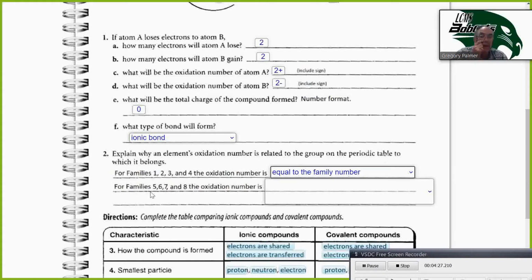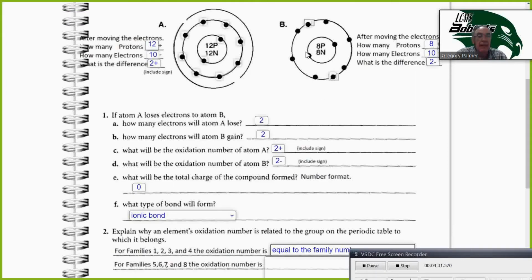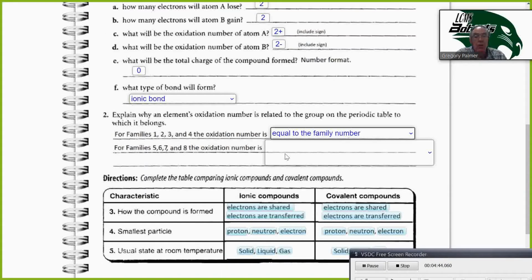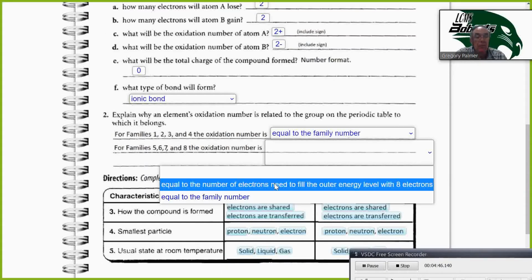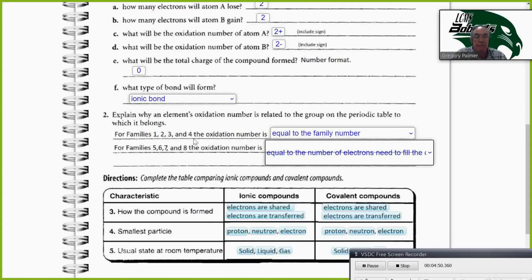And for families 5, 6, 7, and 8, over here, this was in family 6, and it needed to gain 2 electrons. So the oxidation number is the family number 6 plus the number of negative electrons to get to a total of 8. So it's equal to the number of electrons needed to fill the outer energy level with 8 electrons.